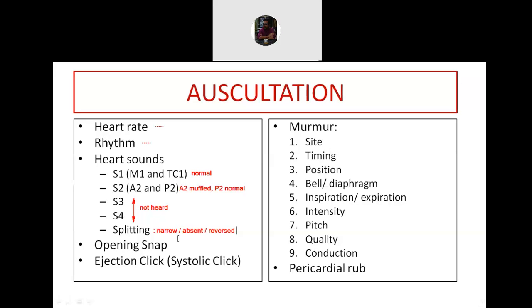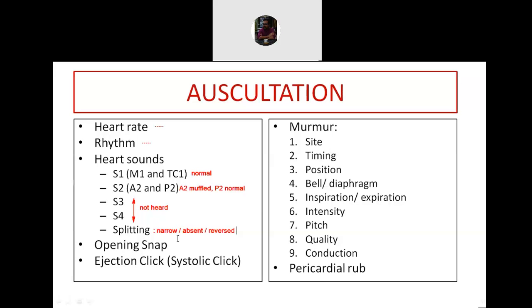Yes, I'll explain the A2P2 part once again. In a normal situation, the left ventricle empties faster than the right ventricle because the flow in the left ventricle is more rapid. As the left ventricle closes, the aortic valve closes and you get one sound. That is A2. As the right ventricle closes, the pulmonary valve closes and you get the second sound, P2.